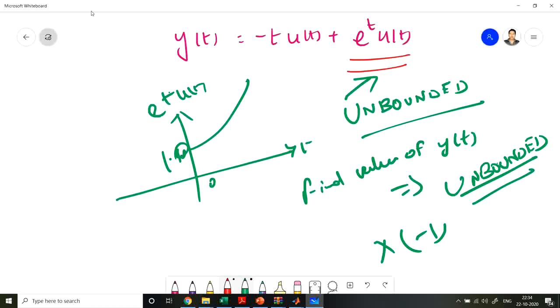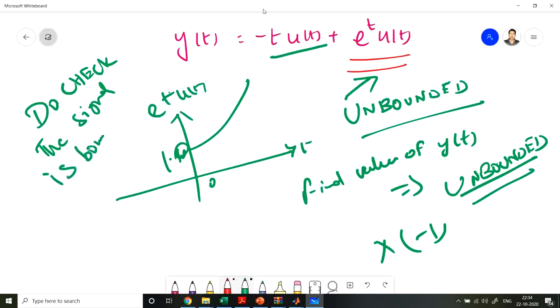And if you see that expression, it is unbounded itself. It is a ramp function, a negative ramp, but it is unbounded. So please do check whether the signal is bounded or not.